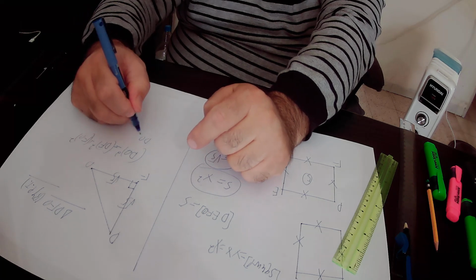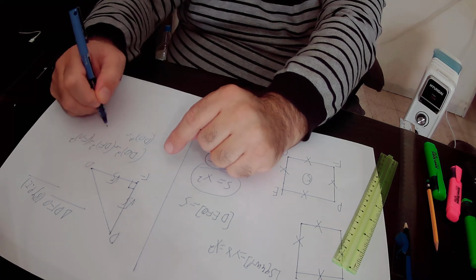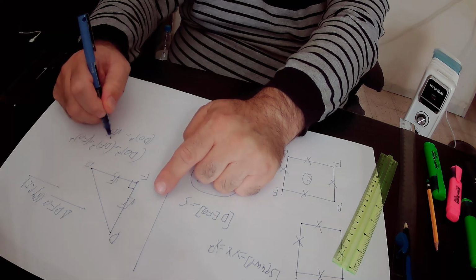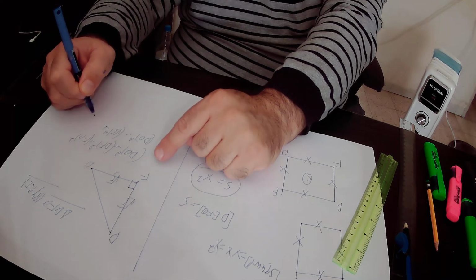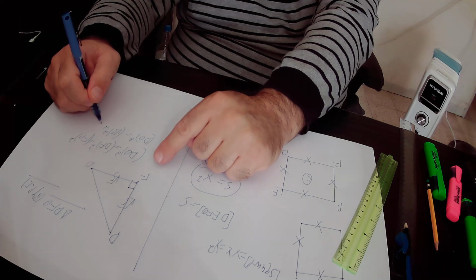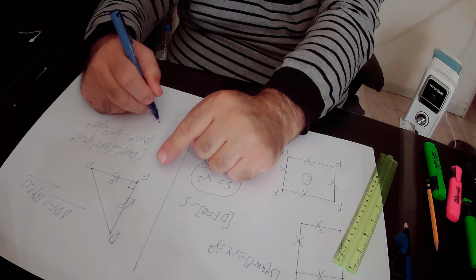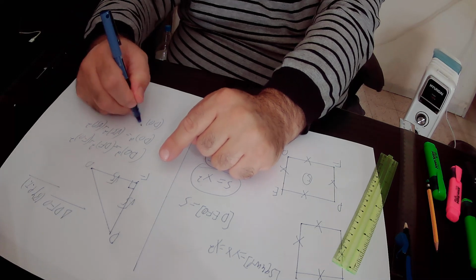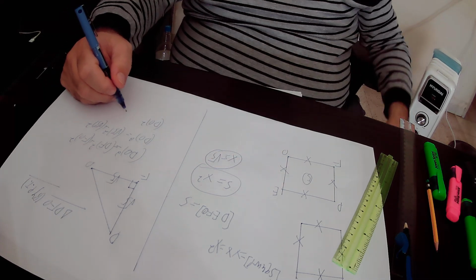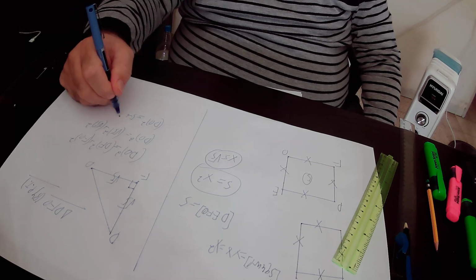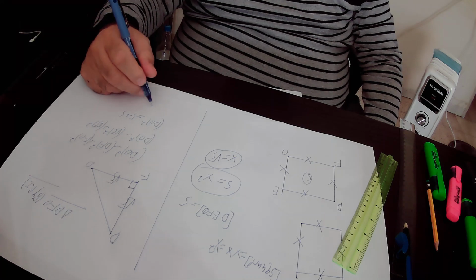So DO squared must be equal to DF squared. DF equals the square root of 5, therefore DF squared equals the square root of 5 squared, plus FO squared. FO equals the square root of 5, therefore FO squared equals the square root of 5 squared. In conclusion, DO squared equals 5 plus 5, because the square root of 5 squared is 5.